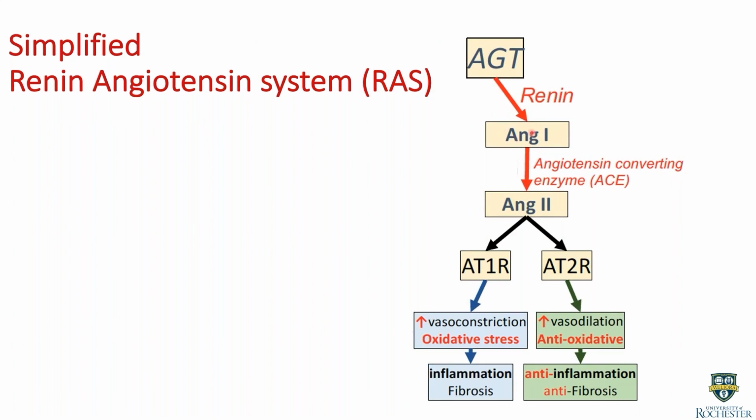AGT encodes angiotensinogen, part of the renin-angiotensin system and precursor to Ang1. Renin converts angiotensinogen to angiotensin 1, and ACE converts that to angiotensin 2, and that affects downstream signaling with its receptors AT1R and AT2R. And this regulates tissue inflammation and vascular networks and can affect inflammation and fibrosis. So this is our working hypothesis.